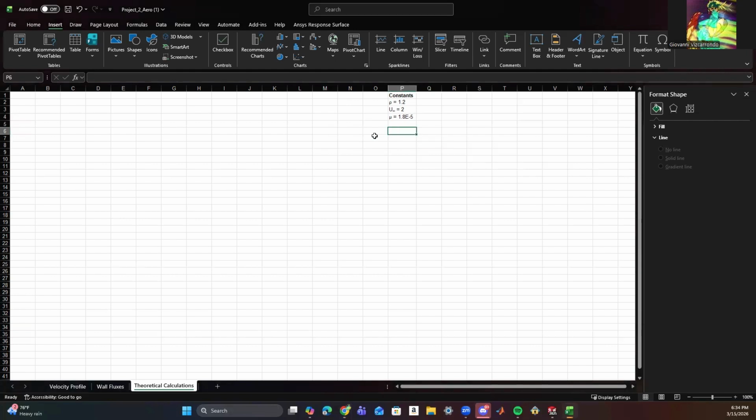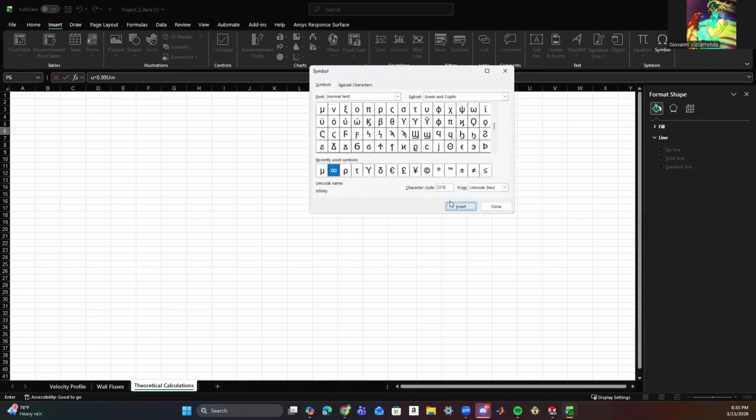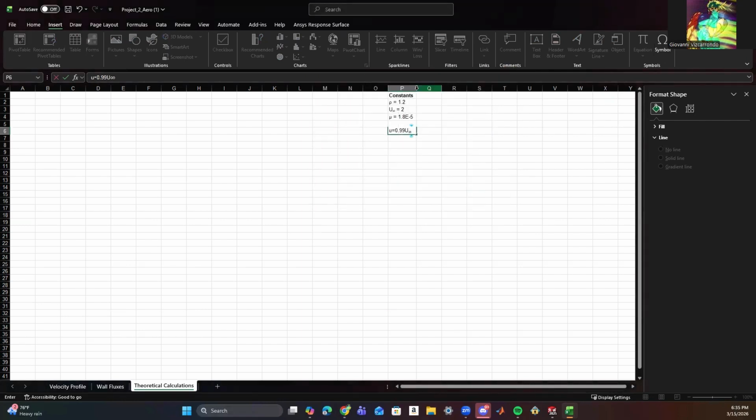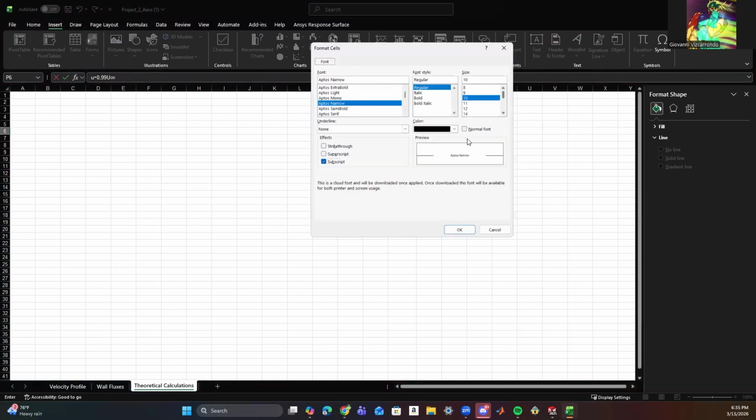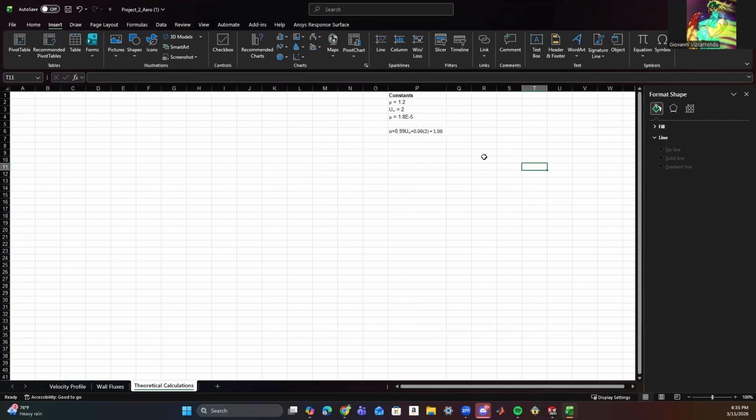So the boundary layer thickness is going to occur when little u equals 0.99 of big U. Since U is equal to 2, we have 0.99 times 2, which equals 1.98.